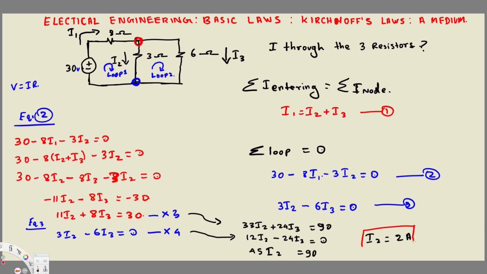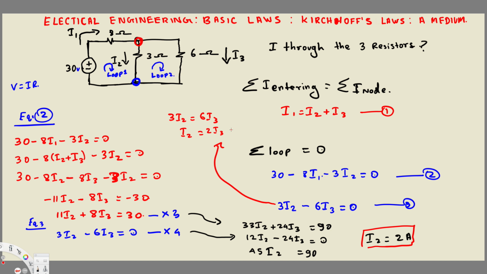Now let's see how we can figure out I1 and I3. Since we have I2 right here, we can apply that in this equation to find I3, right? We know that 3I2 is equal to 6I3. Therefore, I2 is going to be equal to 6 divided by 3, that's going to be 2I3.